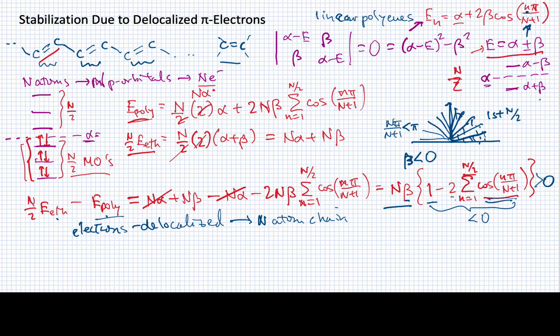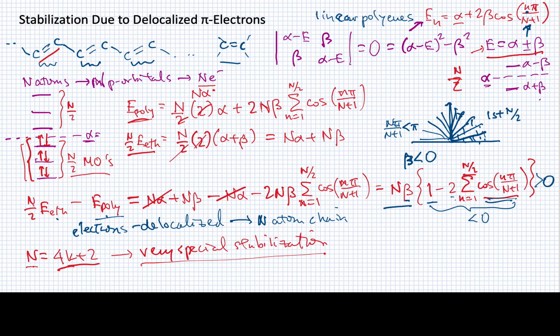And in fact, what one finds is that when the number of carbons in the chain can be written as 4k plus 2, where k is some integer, there is a very special stabilization for these systems. That is to say, a much lower energy that accrues.